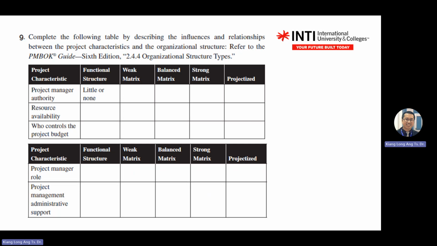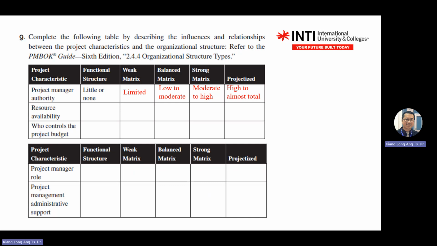Okay, so I just give you the first one. Project manager authority, from little to high is a scale. So you can see the scale. Projectized is high to total. Functional is little to none. Then this one you play the scale: limited, low to moderate, moderate to high. You put in the scale there.